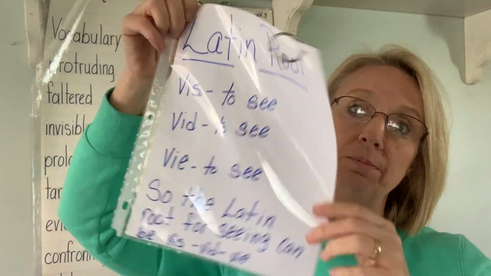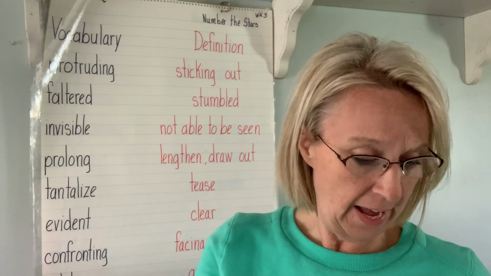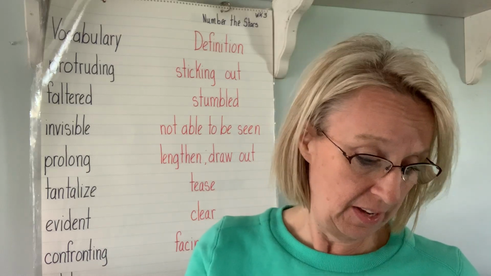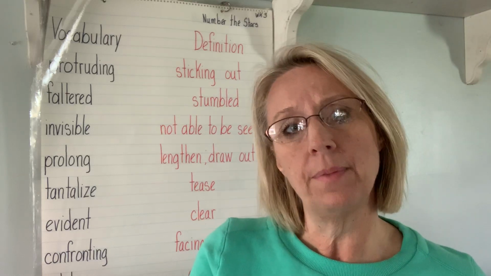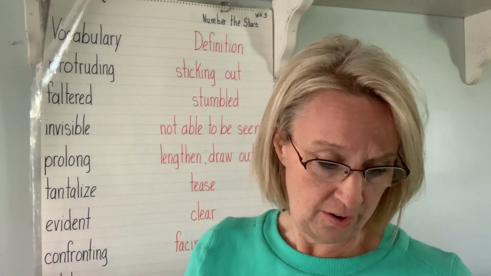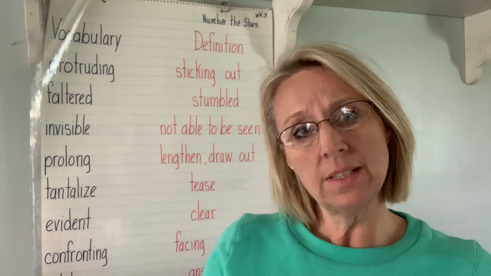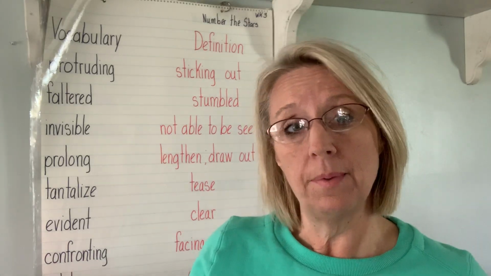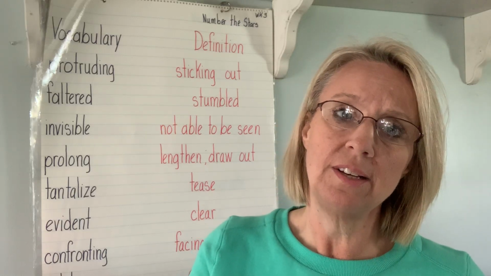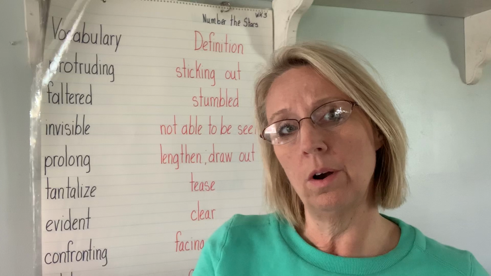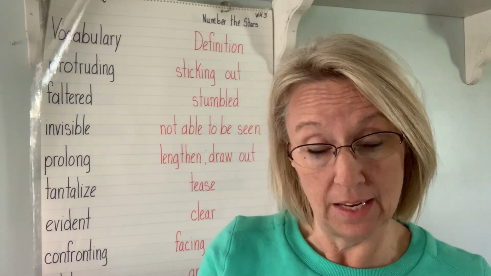Sorry, I don't have a good printout. It says the Latin root for seeing can be vis, vid, or vie. Anytime that you see that Latin root as part of a word, almost all the time, it is a word that has something to do with seeing something.